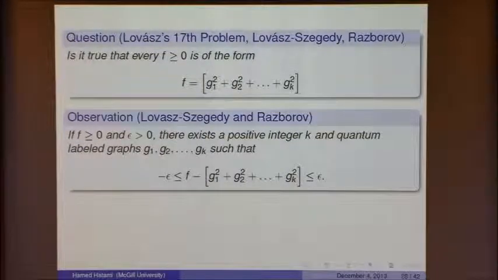So Lovász and Szegedy, and independently Razborov, observed that the following is true. If we are only interested in approximation, we can do this. If f is positive, then we can approximate it with sums of squares. For any epsilon, you find a k and this nice expression such that the difference is at most epsilon.